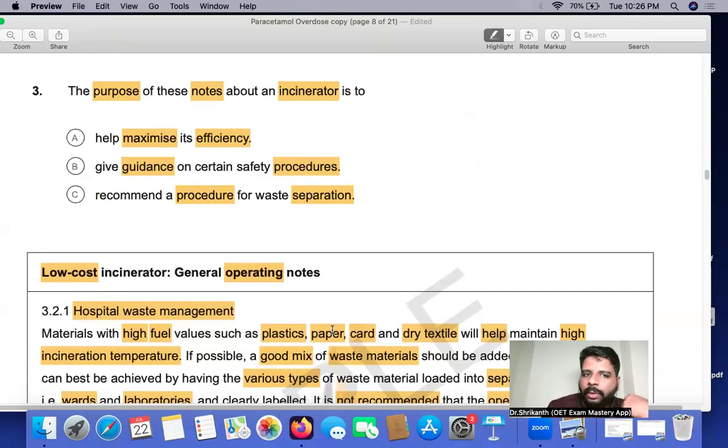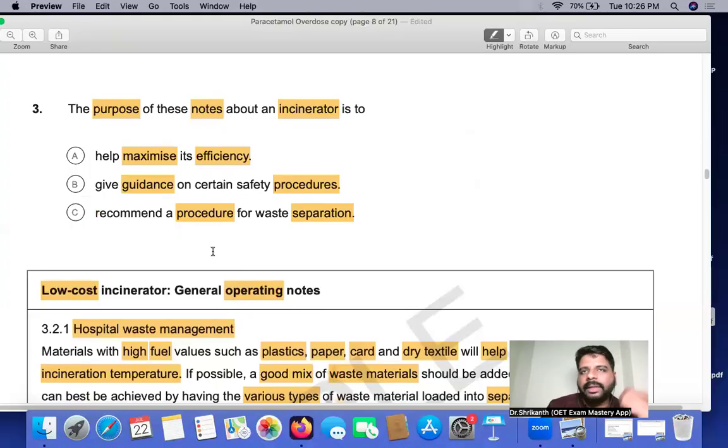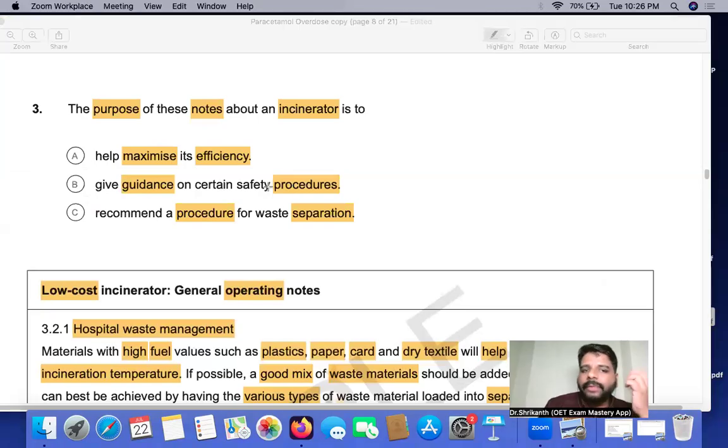So can we really say that the purpose, the reason for writing this letter, is to give guidance on safety procedures? Not really. Compared to answer option A, it is not entirely fitting in. The purpose of these notes is to give guidance on certain safety procedures.